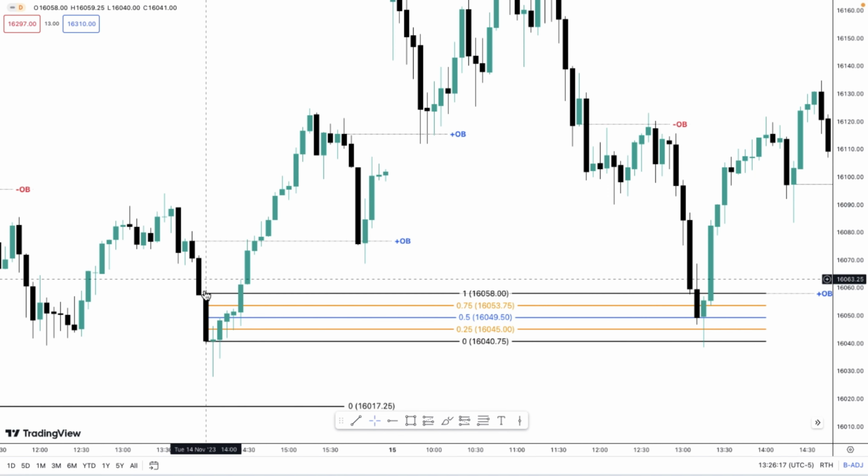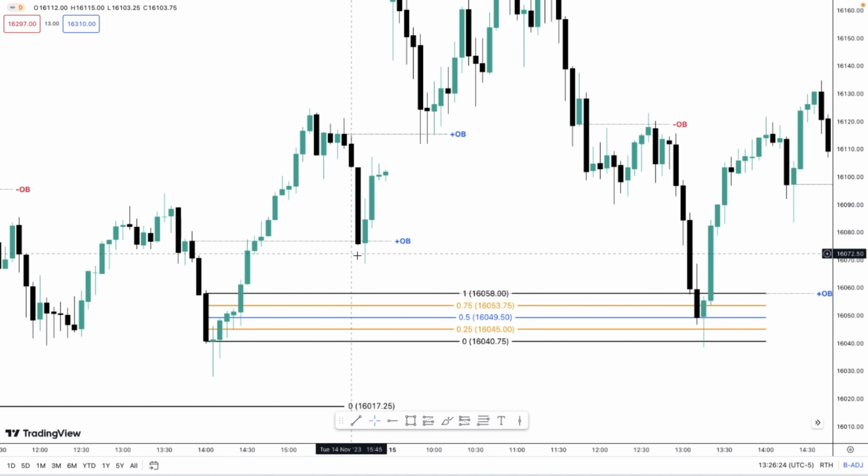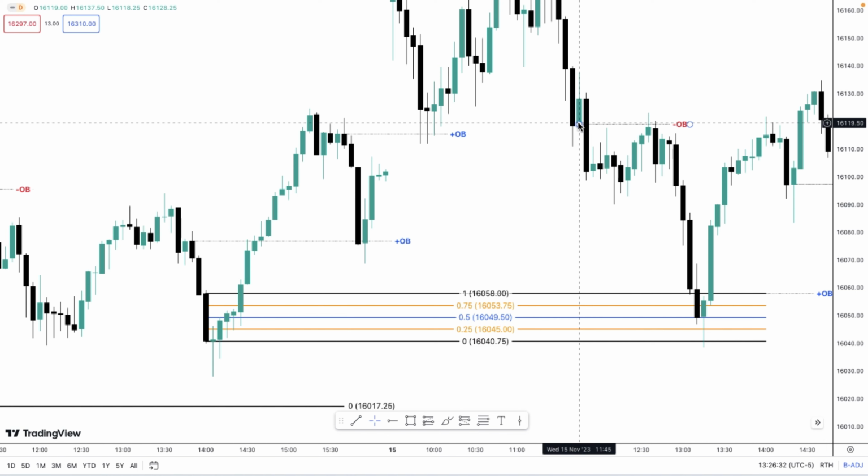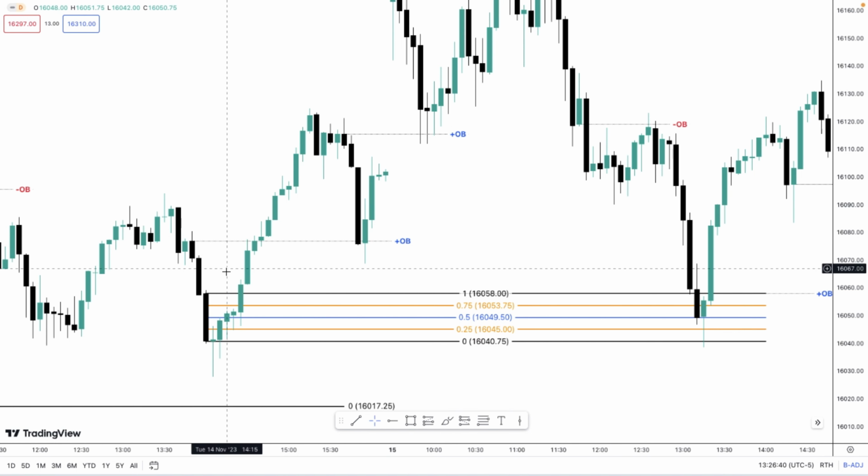But within these three order blocks, this one has not been tapped. The opening price of this candle has been traded today. The opening price of this candle has been traded today. This one not traded. So when you are selling that order block there, it makes perfect sense to target this order block.